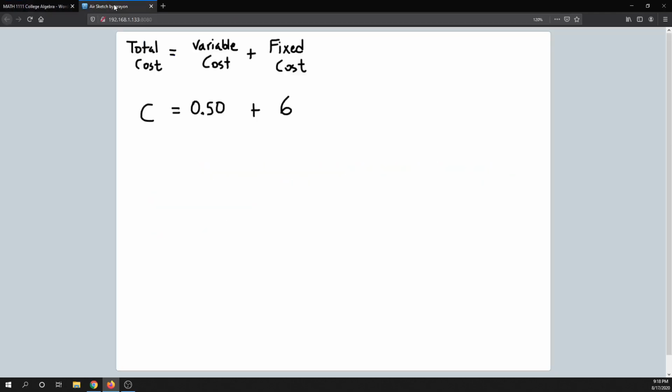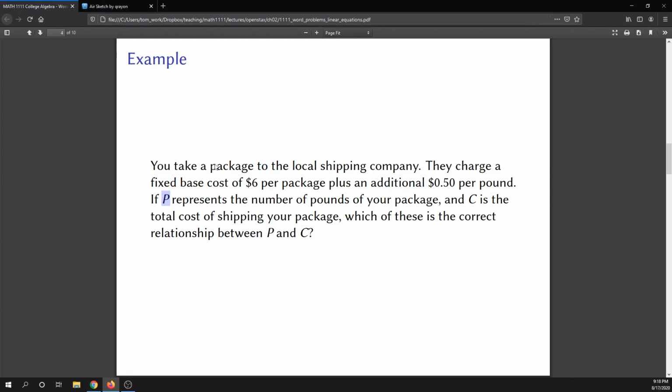So to make that calculation on the cost, all we're doing is taking 50 cents, 0.50, and multiplying it times P. So that's it on this particular problem. They just want the correct relationship, so they're talking about the equation in this case.